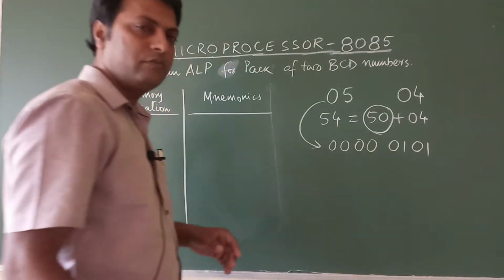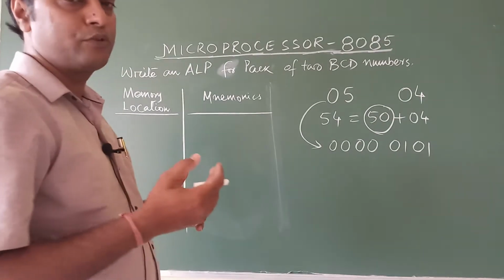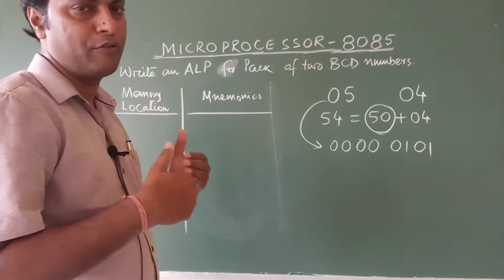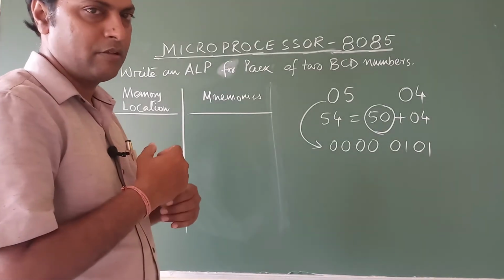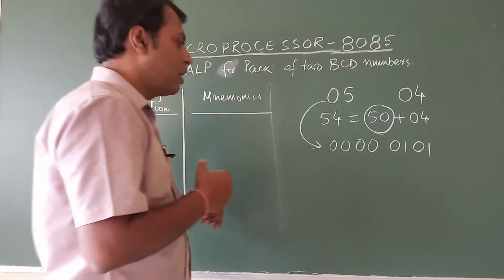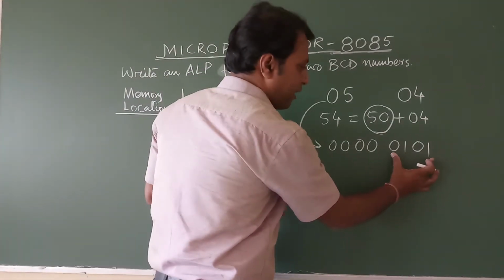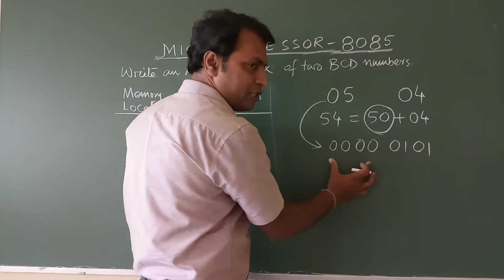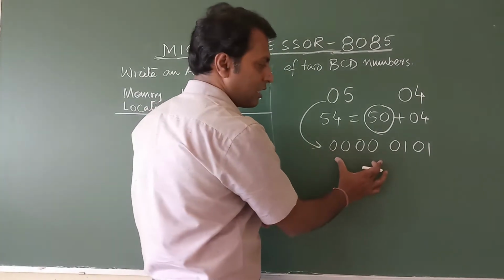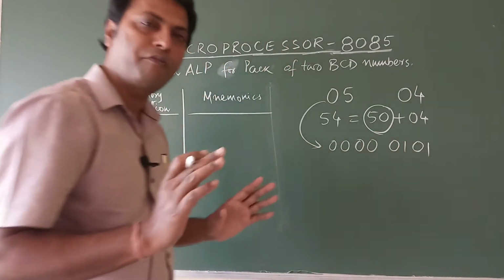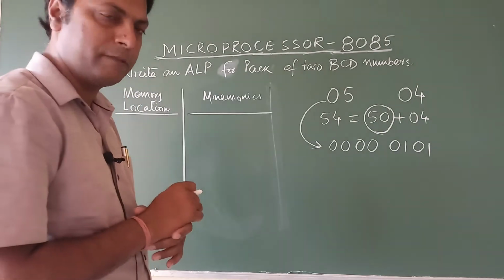So how can we do it? We have to rotate this number. So this 5 comes to this position and these zeros come to this position, then it becomes 50. So how can it be possible?